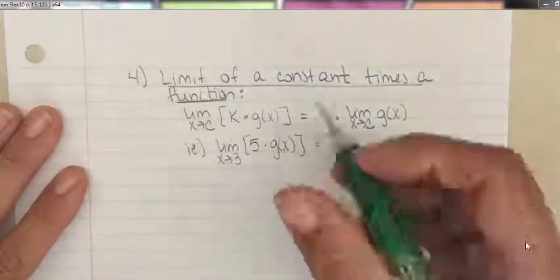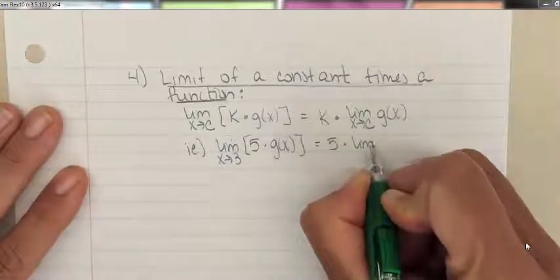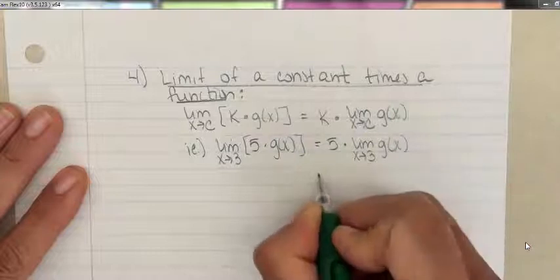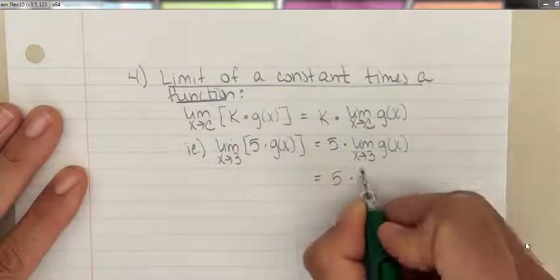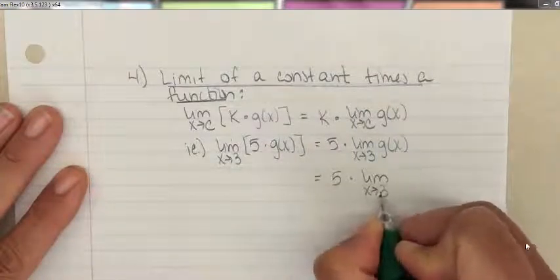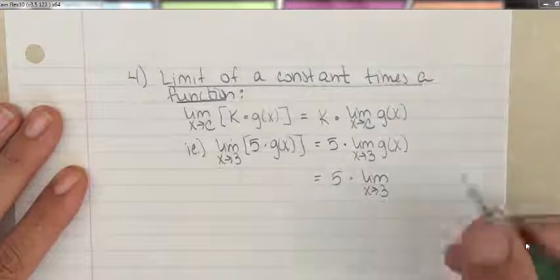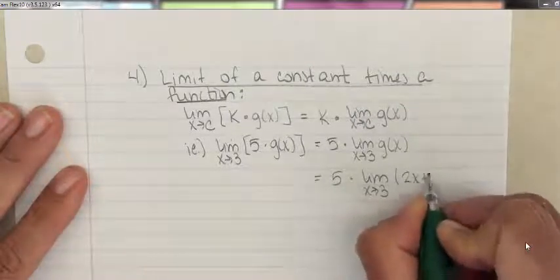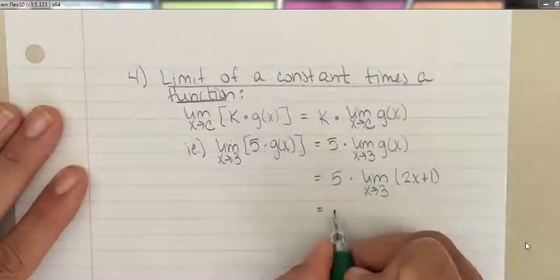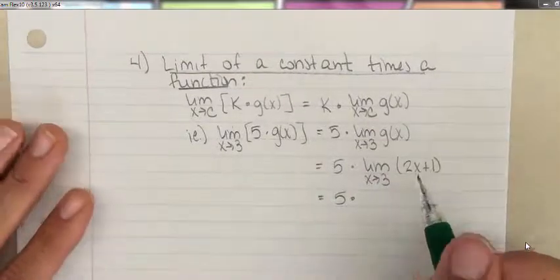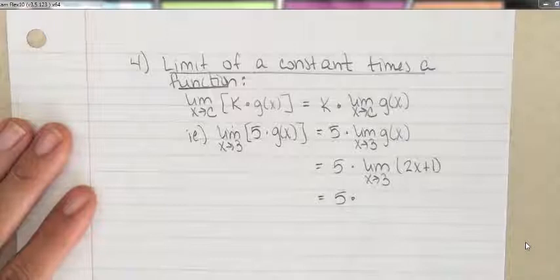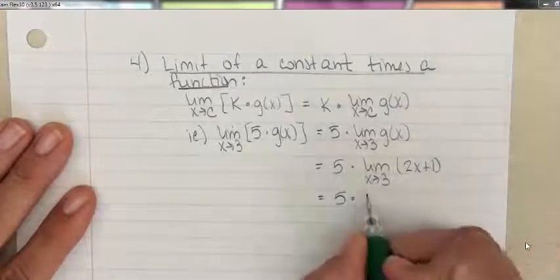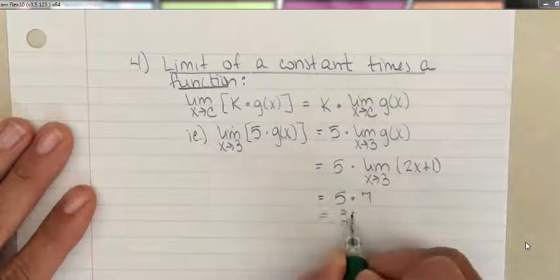So this is 5 times the limit as x goes to 3 of g of x, and we said g of x was 2x plus 1. I'm probably doing a lot of steps here, but this way you can see all the notation. And then we know that this is 7, because I plug 3 in and I get 7. So my final answer here is 35.